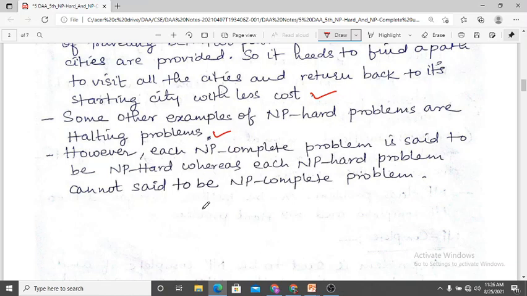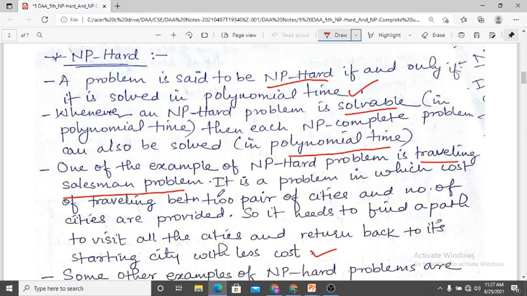So whatever NP-complete problem there is, we can say it is NP-complete as well as NP-hard. But when you come to an NP-hard problem, we cannot say it is NP-complete. Okay, so this is about NP-hard.